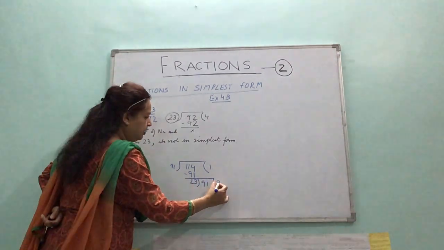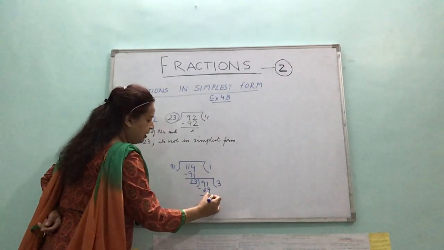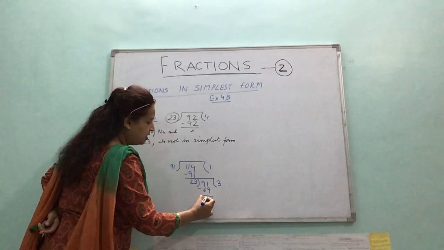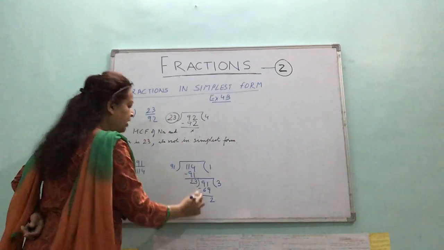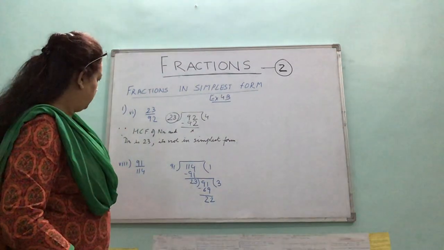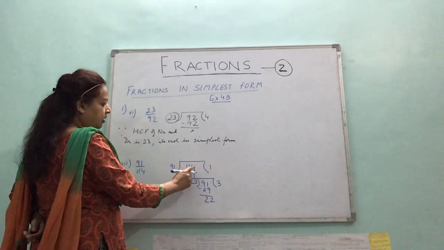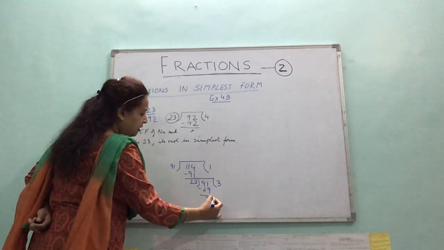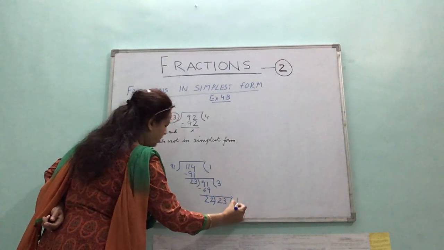Somewhere I think I have gone wrong. I have copied the question, 91 by 114. Once, and 11 minus 9 is 2. Alright, let's continue. This is 23. It is ones.